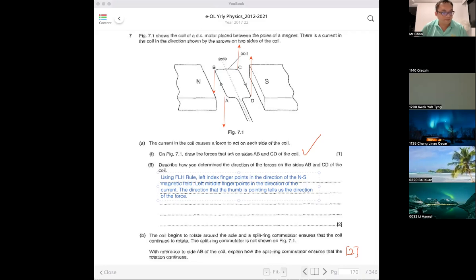In the exam, you cannot tell me it's a typo. Okay, Oscar, you understand now? Let's go to the last question.